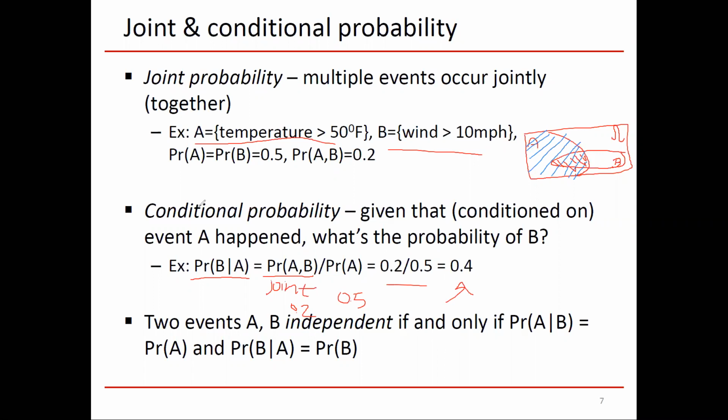Next, we say that we have joint probability, 2 events happening, or multiple events, could be more than 2 happening together. Conditional probability, once we have joint events, we can calculate the probability of one event conditioned on another.